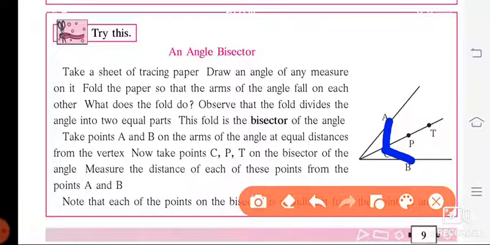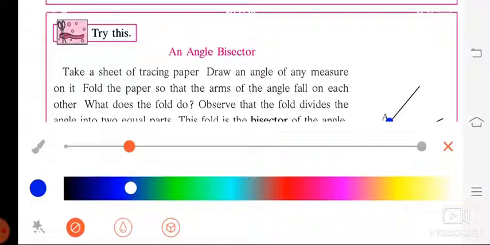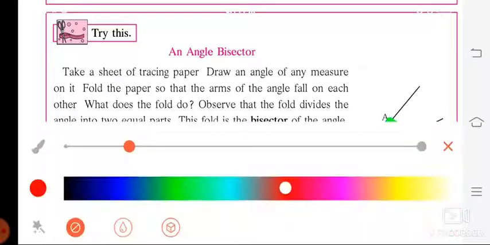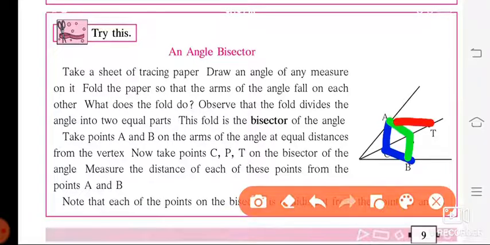When you measure, you have to note it down. Later on you will measure distance PA, PB. And lastly, you will measure the distance TA and TB. So children, after measuring, you will come to know that the distance CA will be equal to CB.